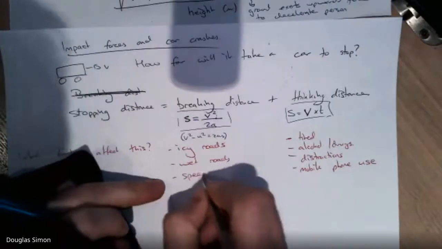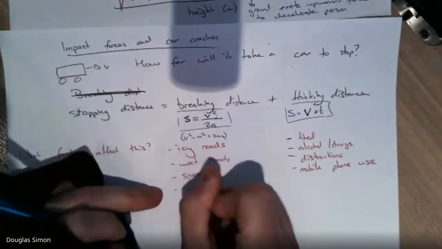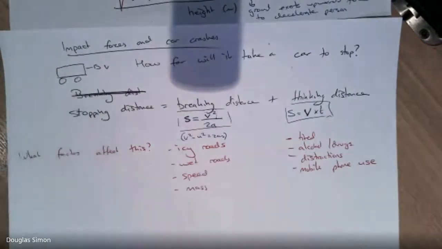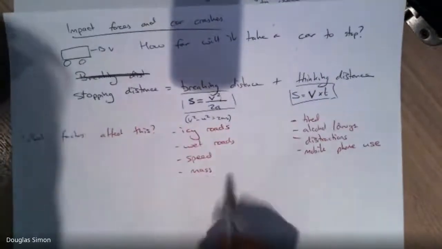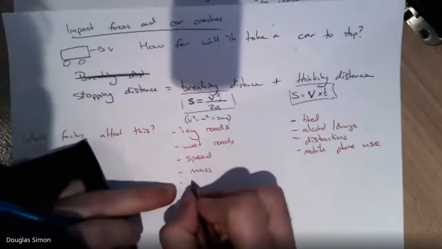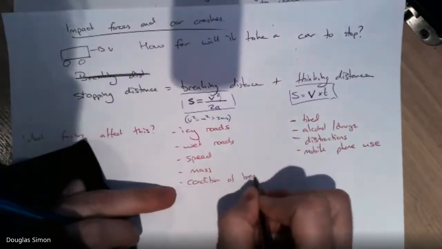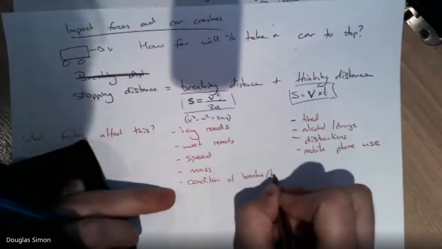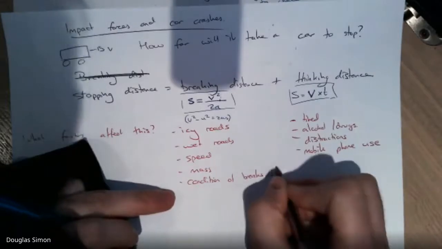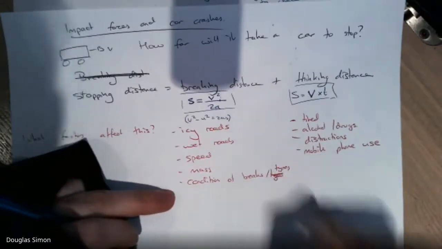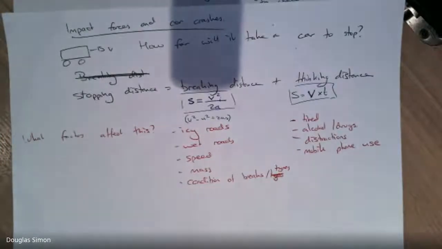Obviously your speed, the mass of the vehicle, the more massive it is, the longer it takes, right? Things like the condition of your brakes or your tires. If you've got old tires or you've got worn brakes, obviously it's going to take you longer to stop.